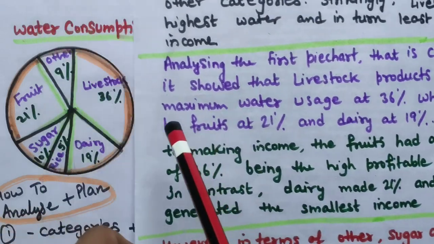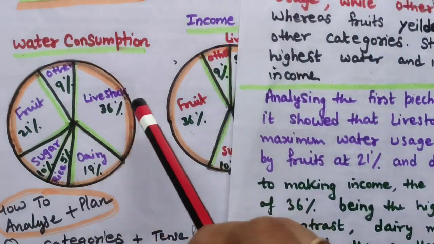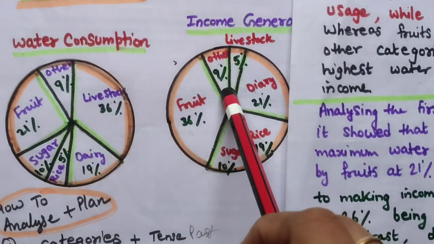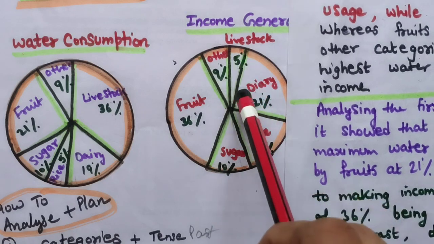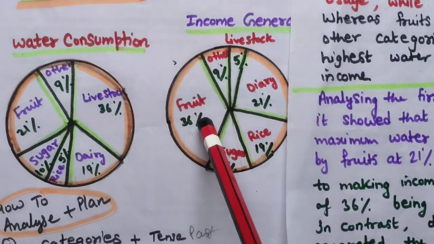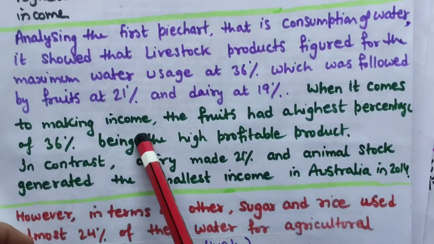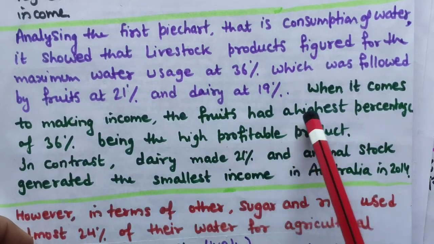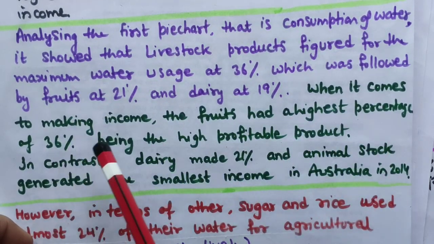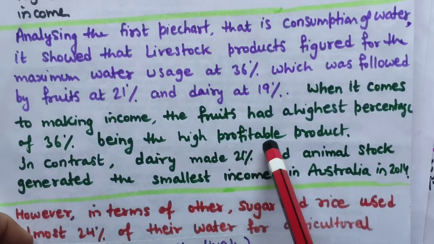Okay, so now I have talked about this, but side by side I am comparing the things with income generation. When it comes to making income or profits, the fruits had the highest percentage of 36%, being the highly profitable product.